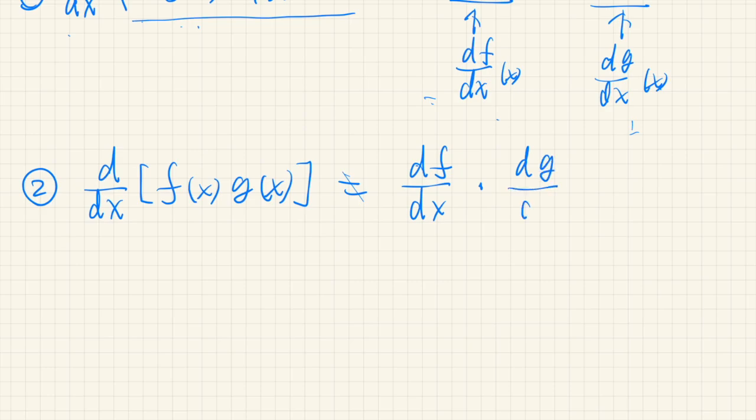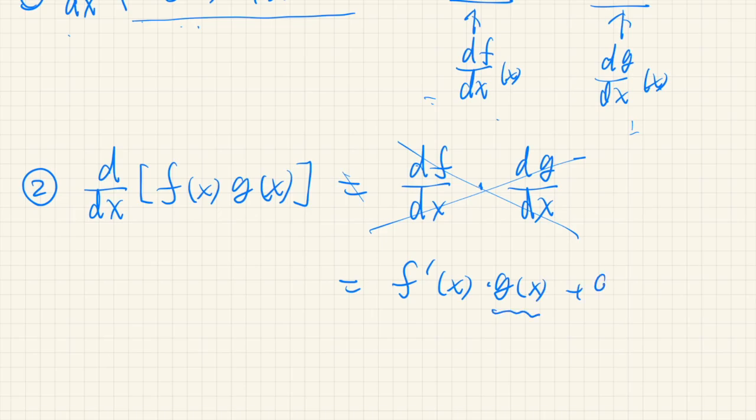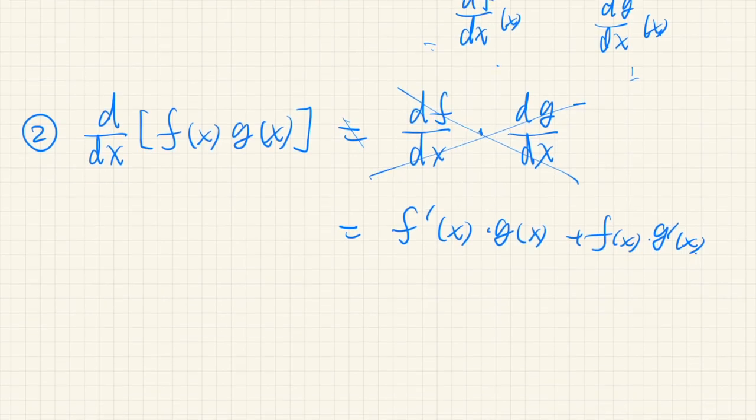This is not equal to this, it's wrong. Instead, we have f prime times g, where g is not differentiated, plus f of x times g prime of x. This is called the product rule.